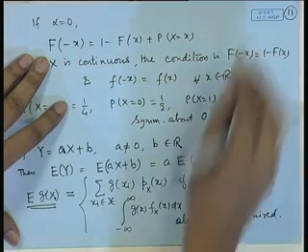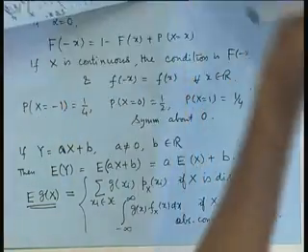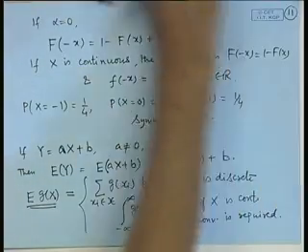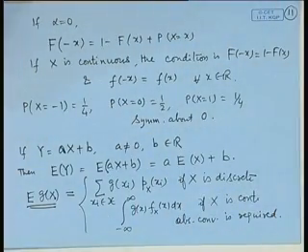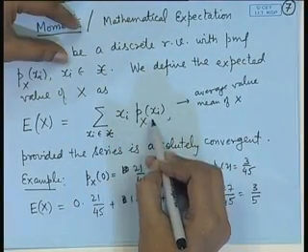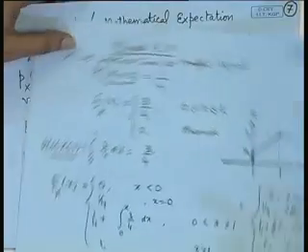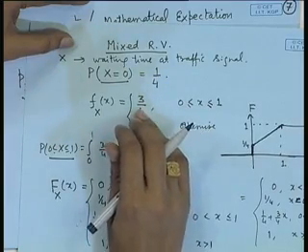Another question arises at this point: how do we define the expectation of a mixed random variable? For a mixed random variable, the expectation would be simply the value multiplied by the probability plus the integral of the density multiplied by the value.